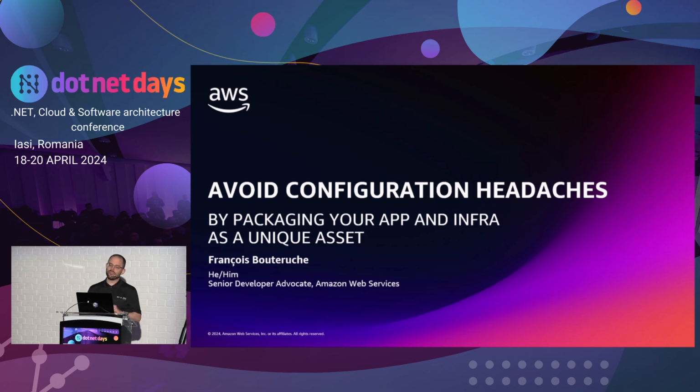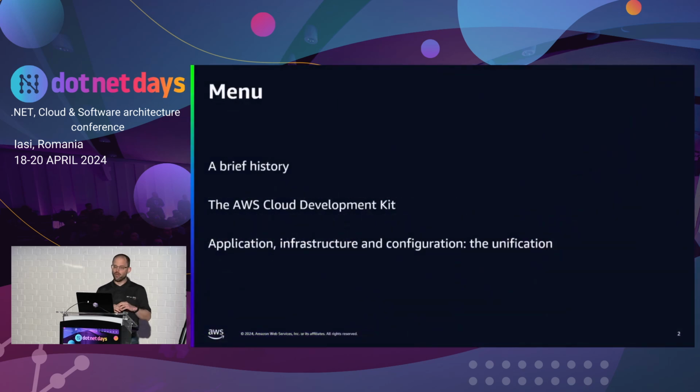So let's move on. What I will cover is a brief history of what we've done in terms of application release management, infrastructure provisioning, and configuration management, because I think it's important to know where we come from and where we are going.